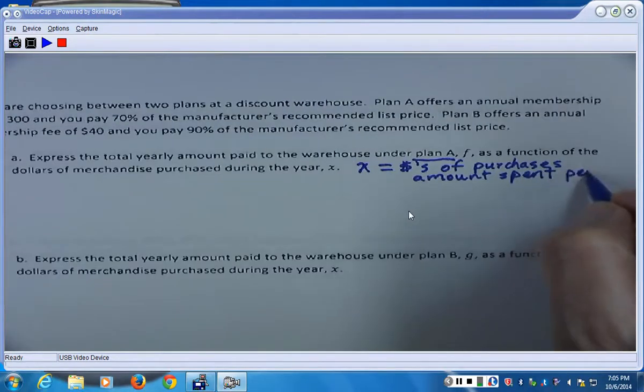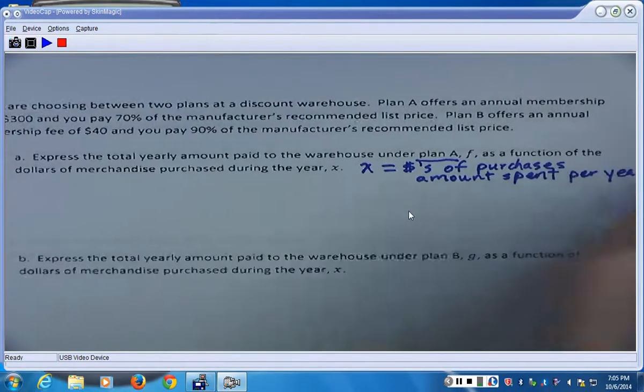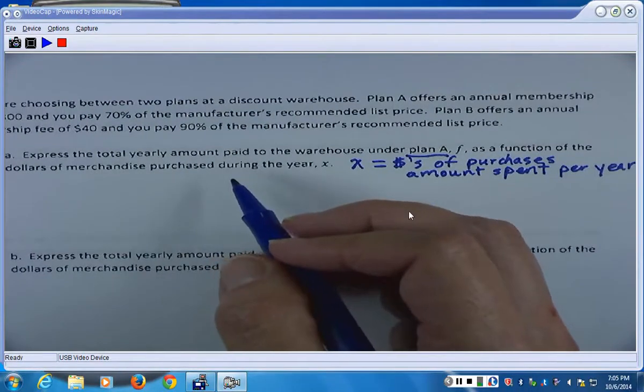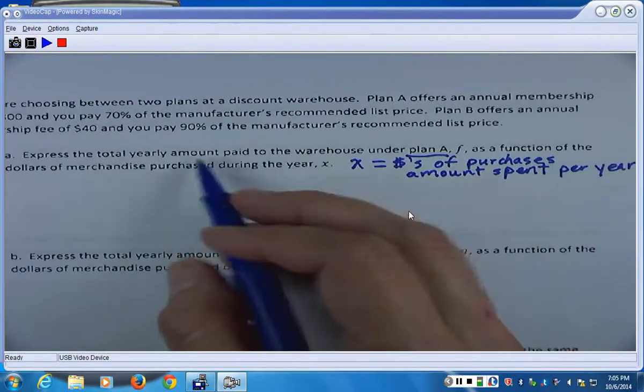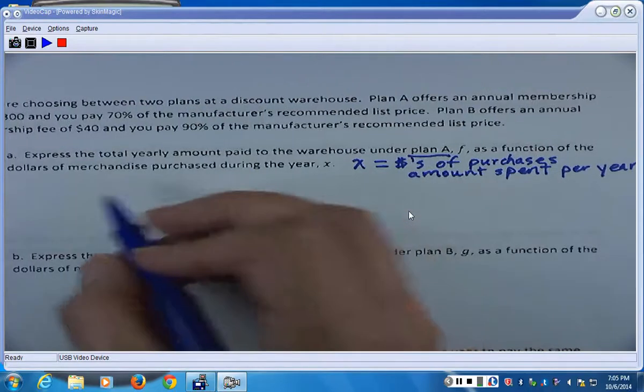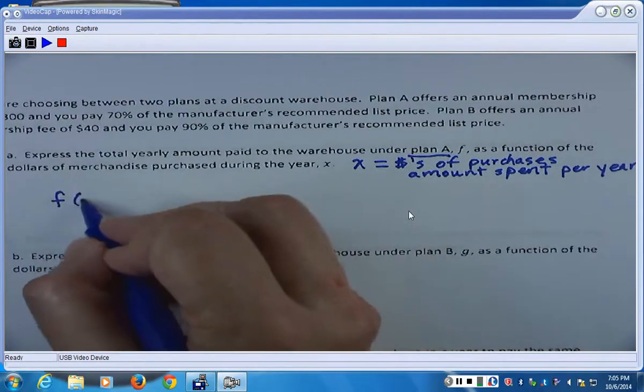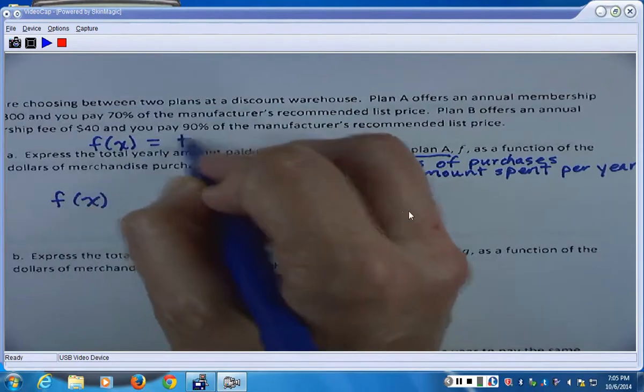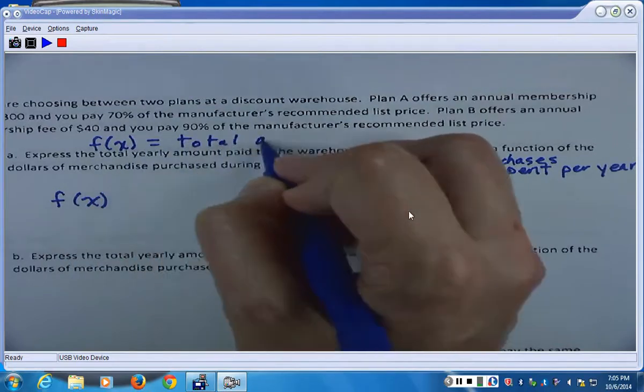The amount spent per year. All right, and F is the amount paid to the warehouse under Plan A. So F of X, the total amount paid.